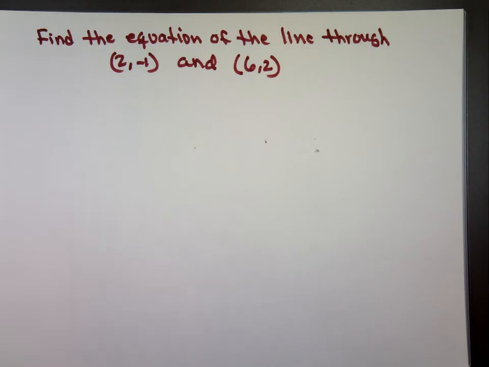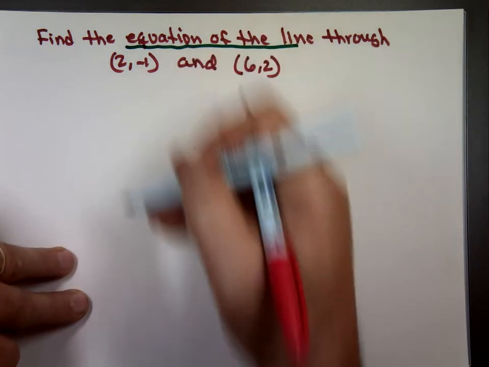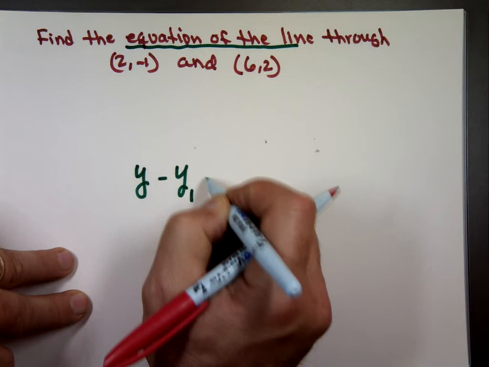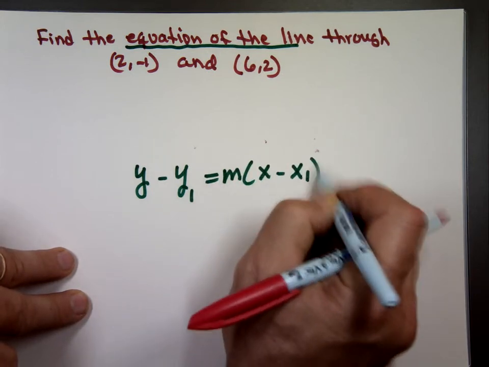Again, when I see find the equation of the line, I'm leaving a space intentionally here. I'm going to think about this. That's what I have to think about.